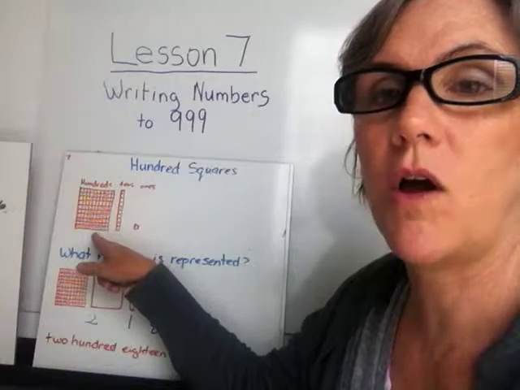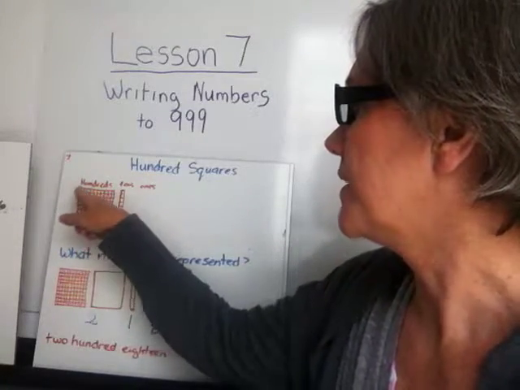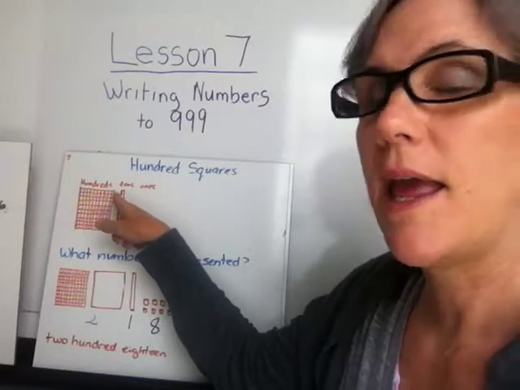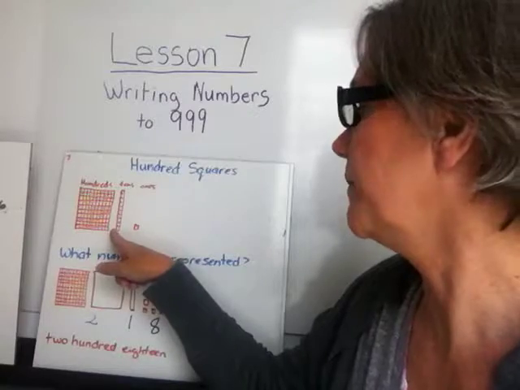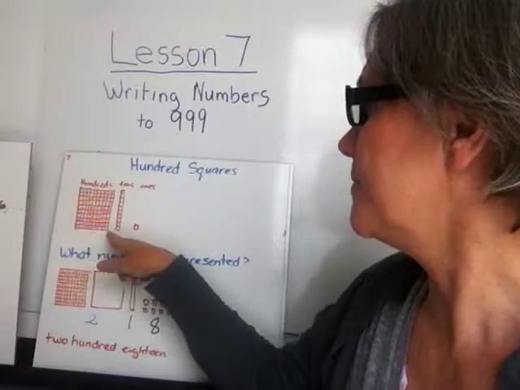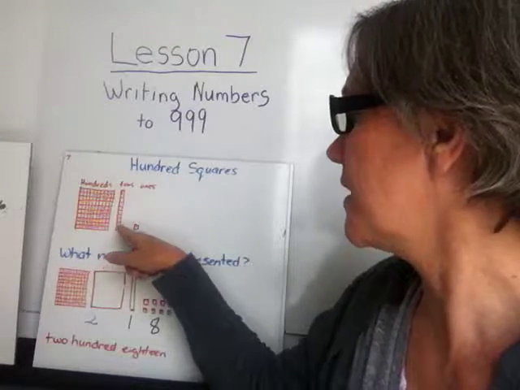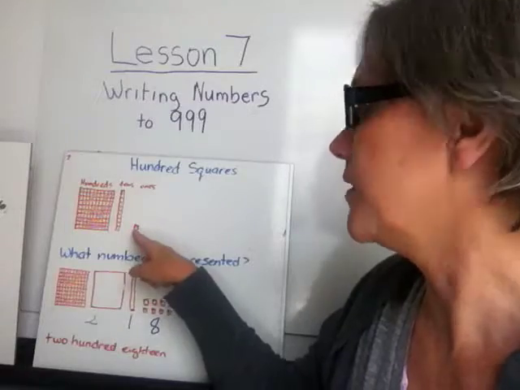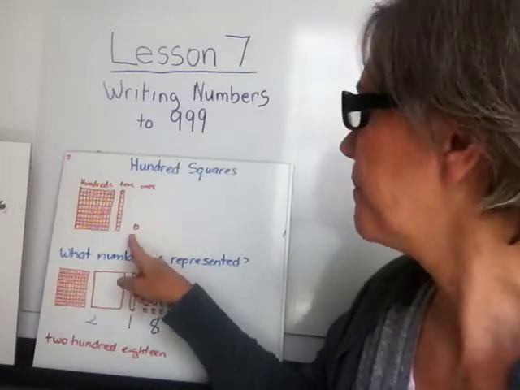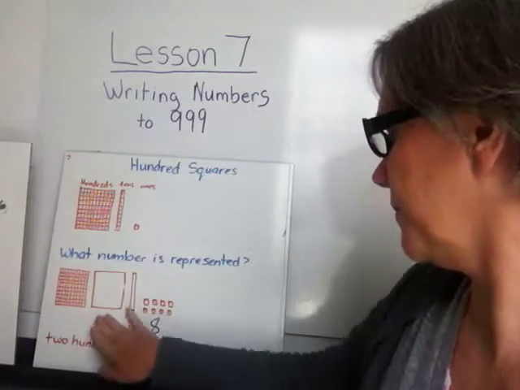If you counted all the little squares in here, it would be 100, because there's 10 going this way and 10 going up and down. 10 times 10 is 100. And this is made up of 10 of these. If you counted each one of these, it would be 10. And this represents 1.